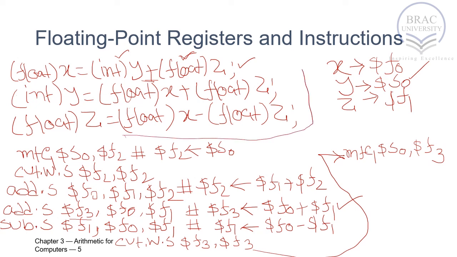We need to transfer everything into the coprocessor and convert all of the values into floating point values, perform the arithmetic operation, and if we require the final result in integer form, then we need to convert the result into integer form, like in this line, where the result y needs to be in integer form. This is what we did here. We convert it into integer form and transfer the value from the coprocessor to the register file, and this is how the operation works.